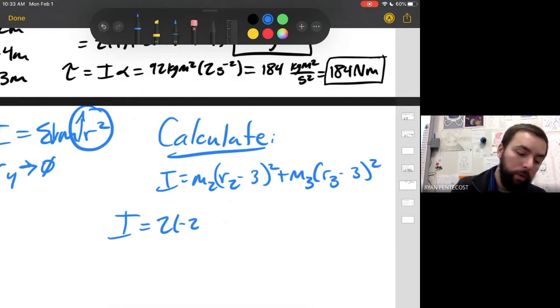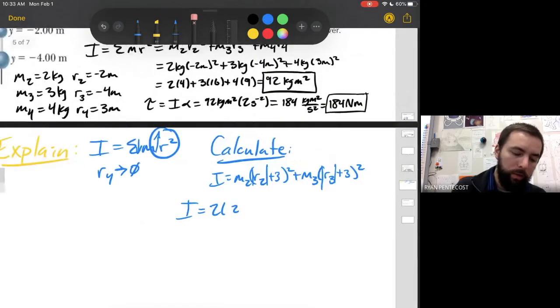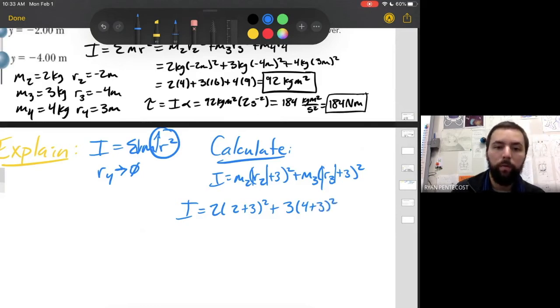Actually, you know what we could do? That's not very appropriate math. What we can do is say the absolute value of their radii plus 3. It's getting squared, right? So this is going to be 2 times (2 plus 3) squared, plus the mass of 3 times its radius, which is the absolute value of 4 plus 3, so that'll be 7 squared, right?